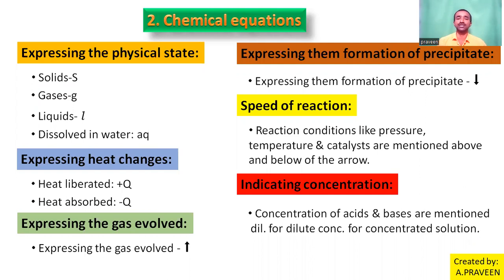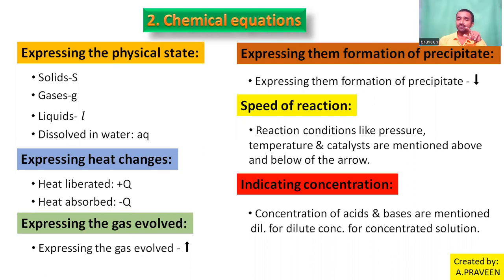So these are the limitations of chemical equations, and we can overcome them. We know the limitations, so by adding this information we can interpret much more from the chemical equation. In the reactions, especially in the heat changes, we notice two changes, maybe loss of energy or gain of heat energy, right?